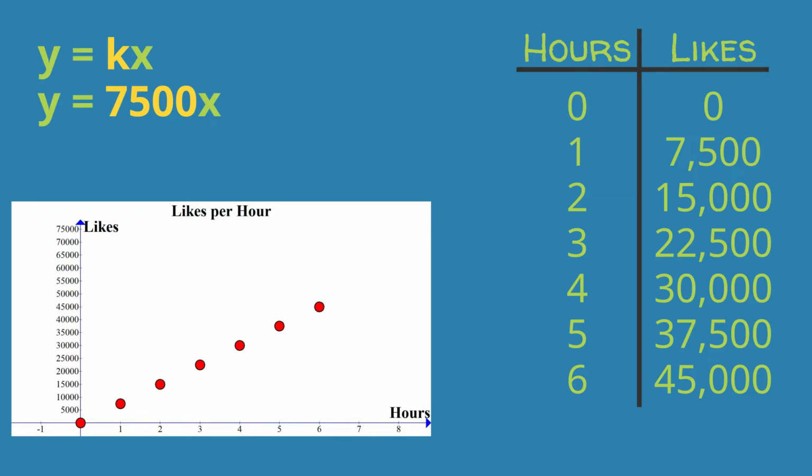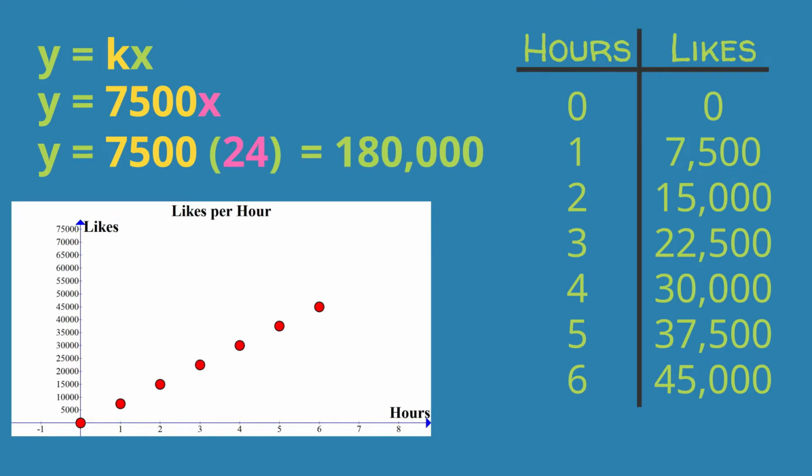Finally, I use the equation to determine the expected number of likes after 24 hours. Substituting 24 in for x, then multiplying gives a result of 180,000. Christoph should expect 180,000 likes after 24 hours of the marketing campaign.